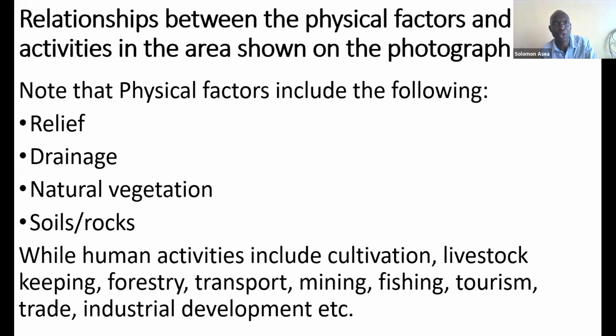So I hope you get the difference between physical factors and human activities. The human activities are the land use activities, while the physical factors are naturally occurring features which may influence land use, like relief, drainage, natural vegetation, and soils.